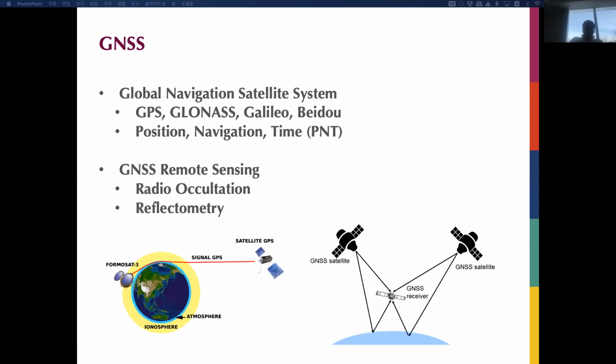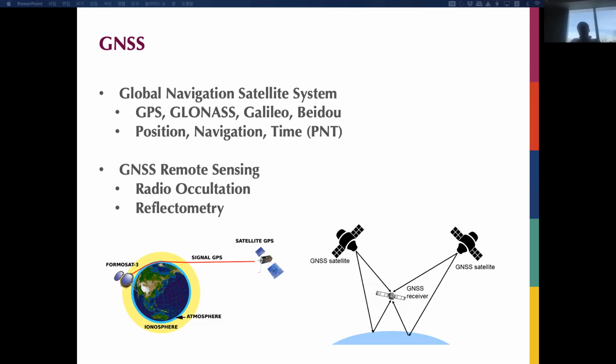GNSS is the simple name that stands for the satellite navigation system. We already know about GPS, which was developed by the USA. GNSS is the representative name for all of these satellites: GPS from the USA, GLONASS from Russia, Galileo from the EU, and Beidou from China.